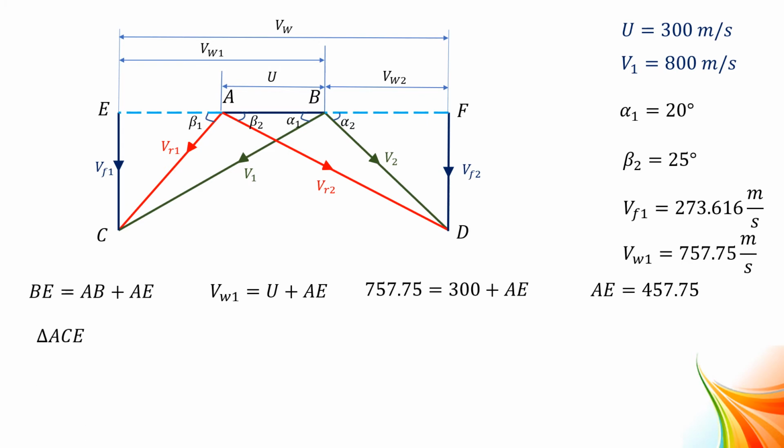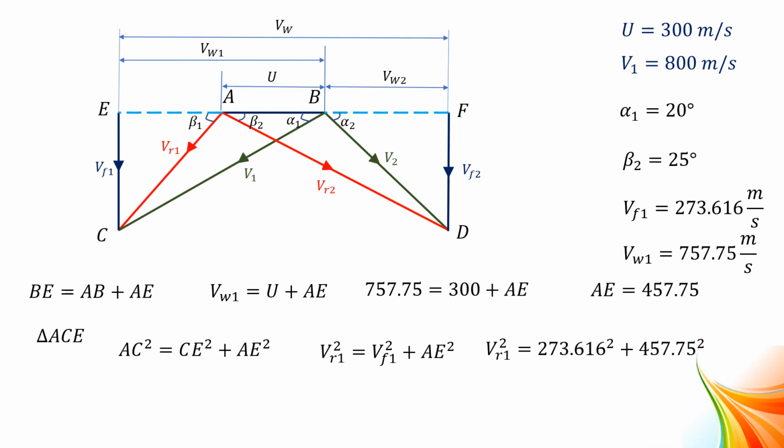Now considering the right angle triangle ACE, apply Pythagoras theorem. Hypotenuse square equal to opposite side square plus adjacent side square. AC square equal to CE square plus AE square. So VR1 square equal to VF1 square plus AE square. Substituting the values of VF1 and AE, we get VR1 equal to 533.3 meters per second.